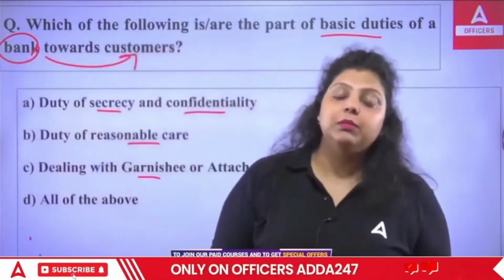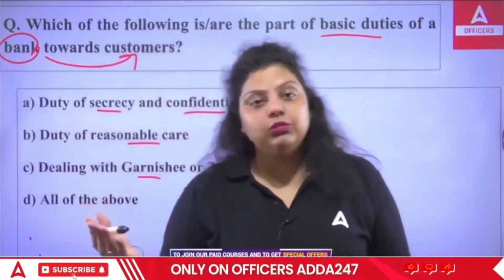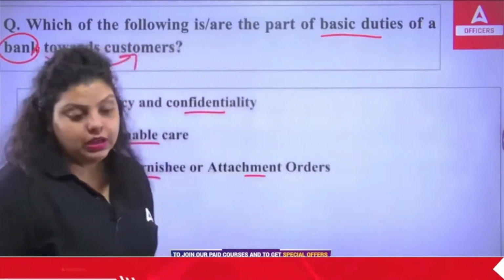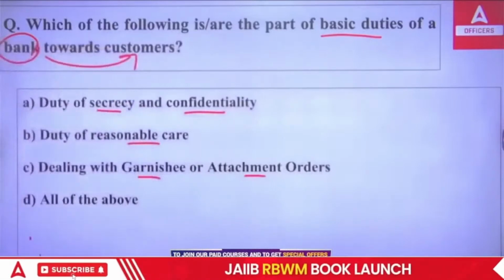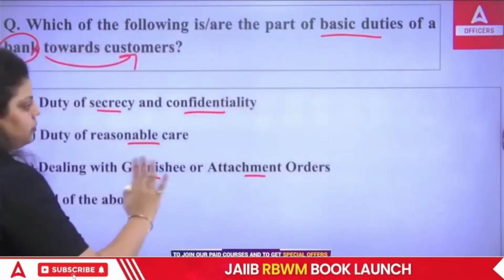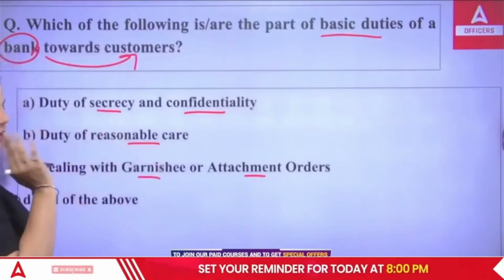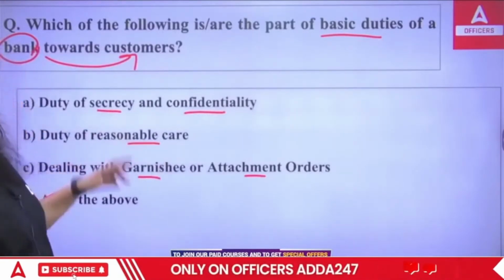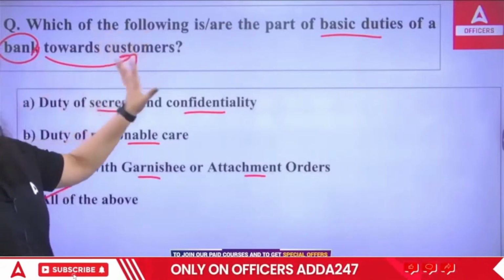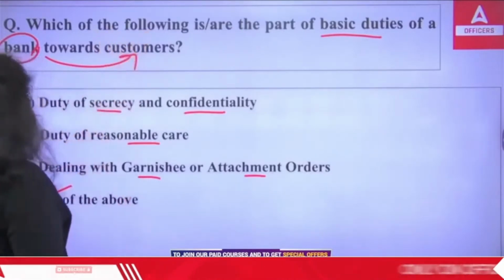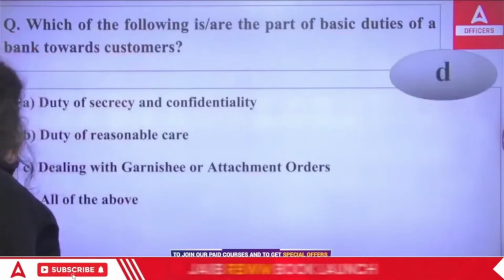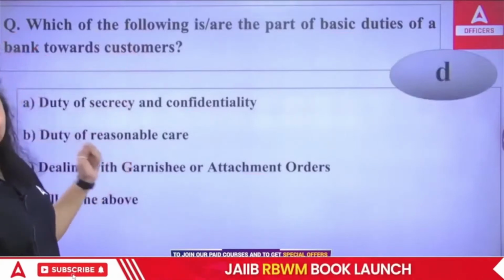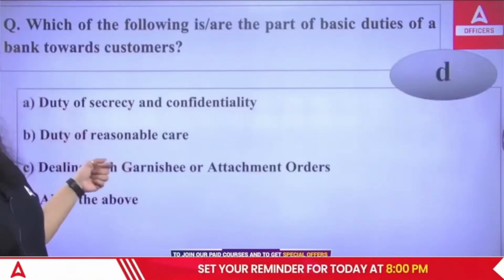Attachment order will be given by the authority, like income tax officer, revenue officer, etc. But both have to be dealt by the bank as per the order received. Okay, so all are the basic duties of a bank towards the customer that bank have to complete. So right answer is D, all of the above.